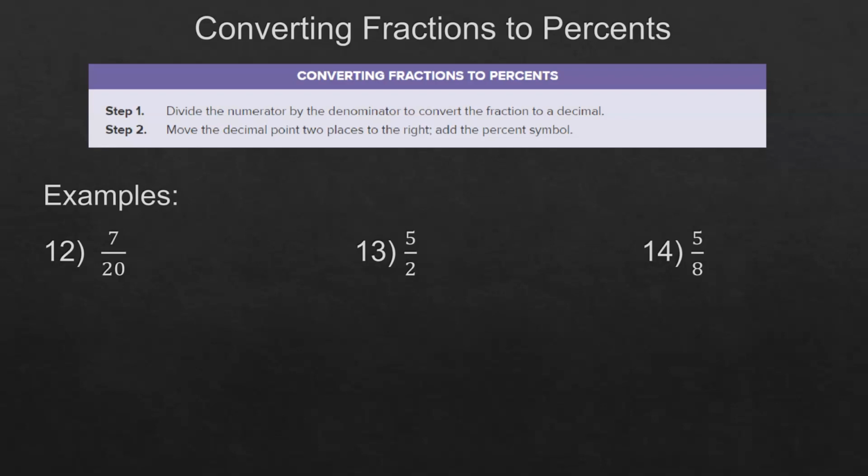Okay, so to do these conversions, we first have to divide the numerator, the 7, by the denominator, the 20 in this case. So it's 7 divided by 20, which gives us the decimal number .35, which is equivalent to that original fraction. And then we simply write that in percent form, so it will be 35%.